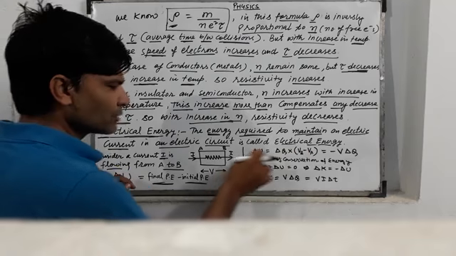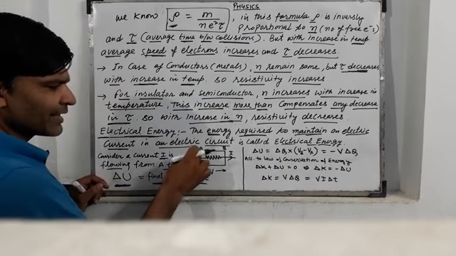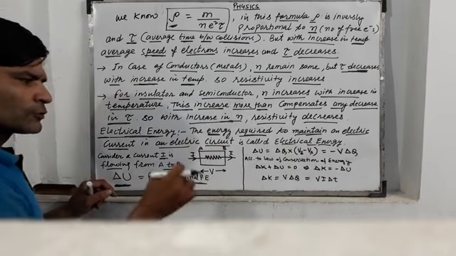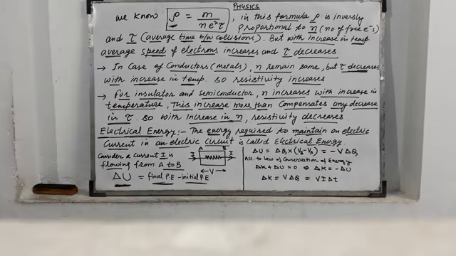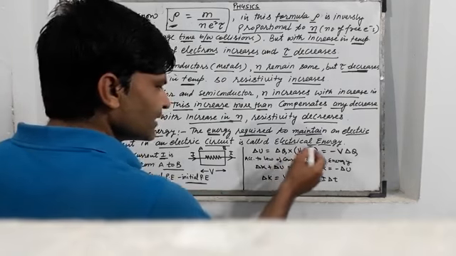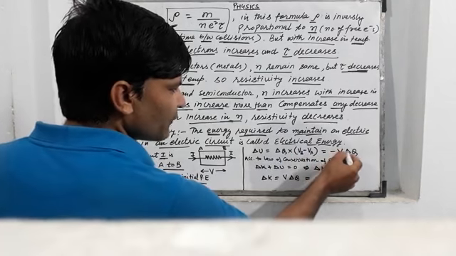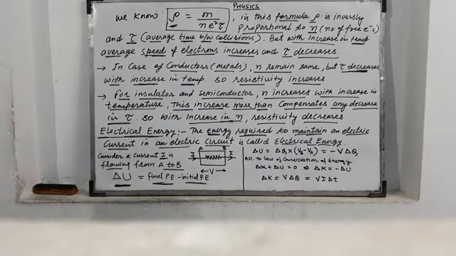But as you know, the current flows from higher potential to lower, so we get a negative value. Then delta U equals minus V delta Q.